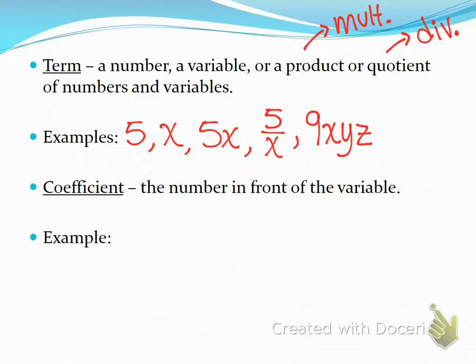You could also see terms that have exponents on them. Does anybody know what an exponent is? Good, a power. So it's a small number that's usually written a little bit above the variable. So 2x cubed is considered a term.